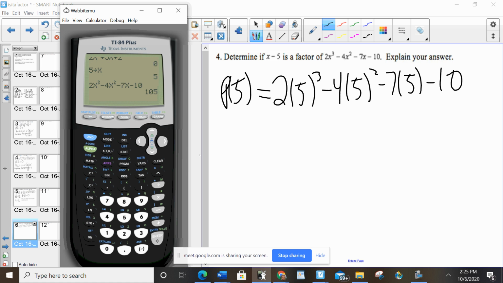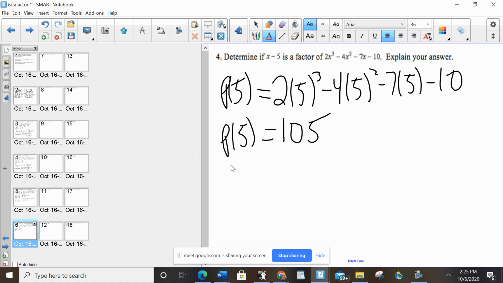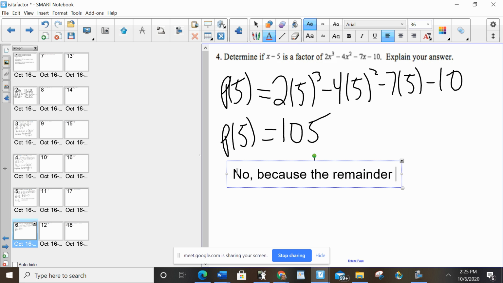I get 105. So, since the remainder is 105, is x minus 5 a factor? No, because the remainder is not 0. Boom. That's it.